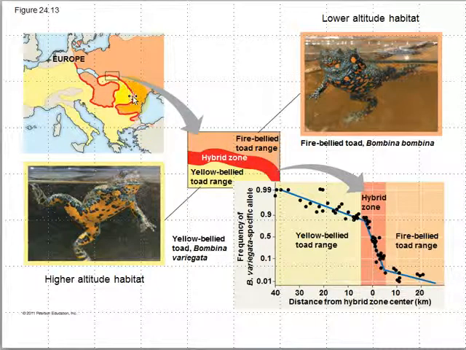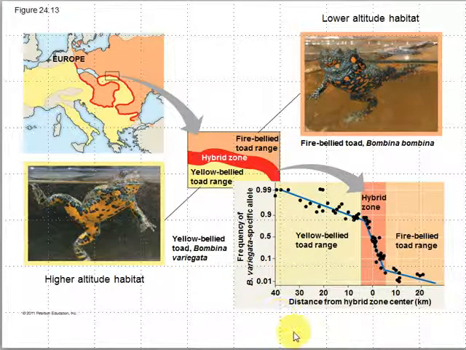That's where the two populations meet, where you have the more mountainous areas of the high altitude toad meeting the lower lands of the fire-bellied toad, and then you have a population overlap, and so you have a hybrid zone there. When you look at this graph, what it shows is the frequency of a particular allele within one of the varieties of toads.